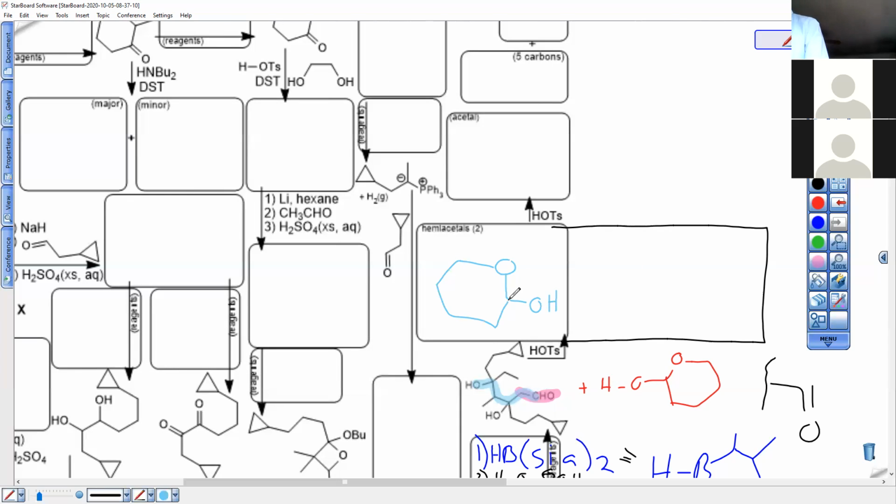Having trouble keeping score here. We'll count the O as 1. And then the C is 2, 3, 4, 5, 6. And this is 6, 5, 4, 3, 2, 1. What's on 2? Two things on 2.